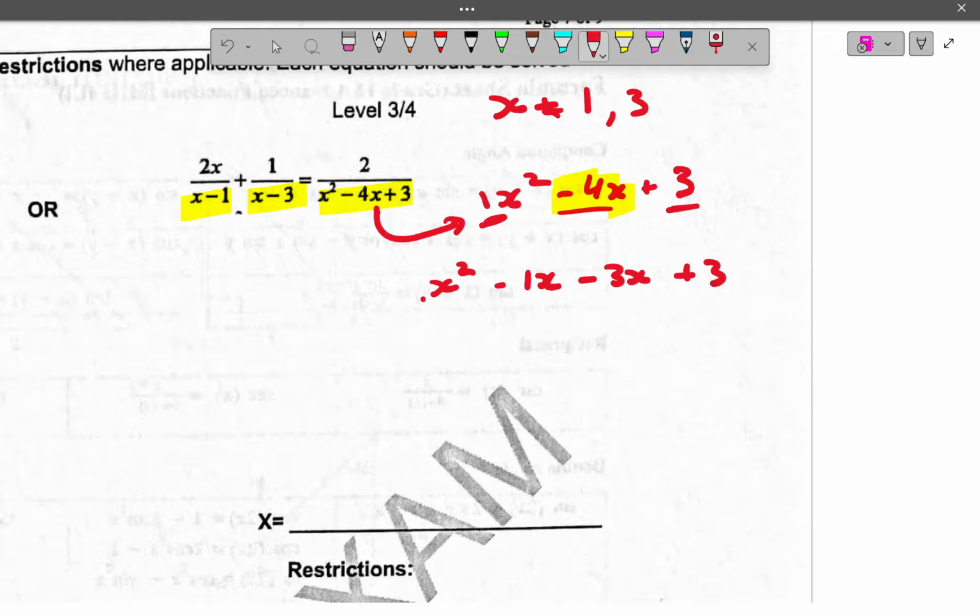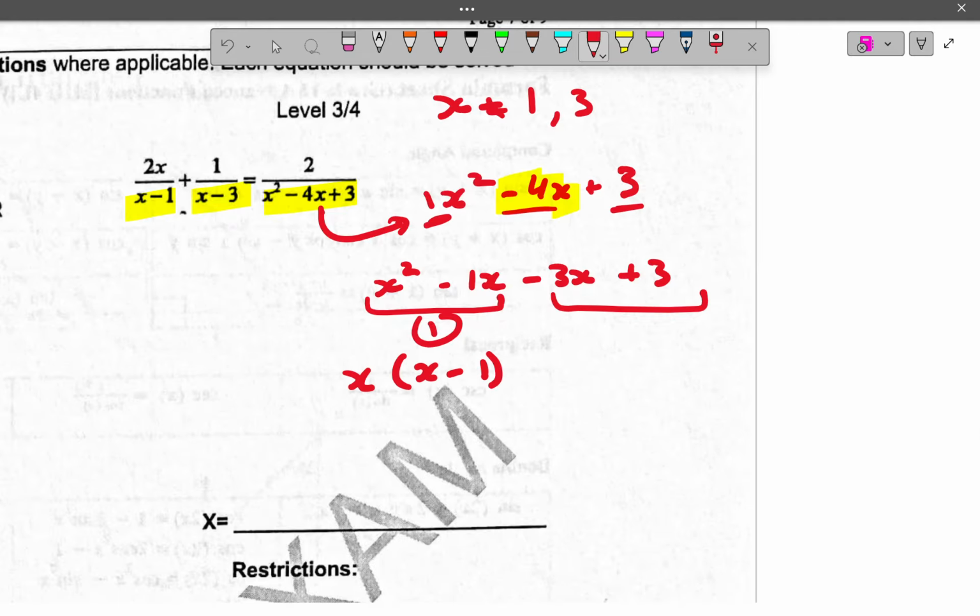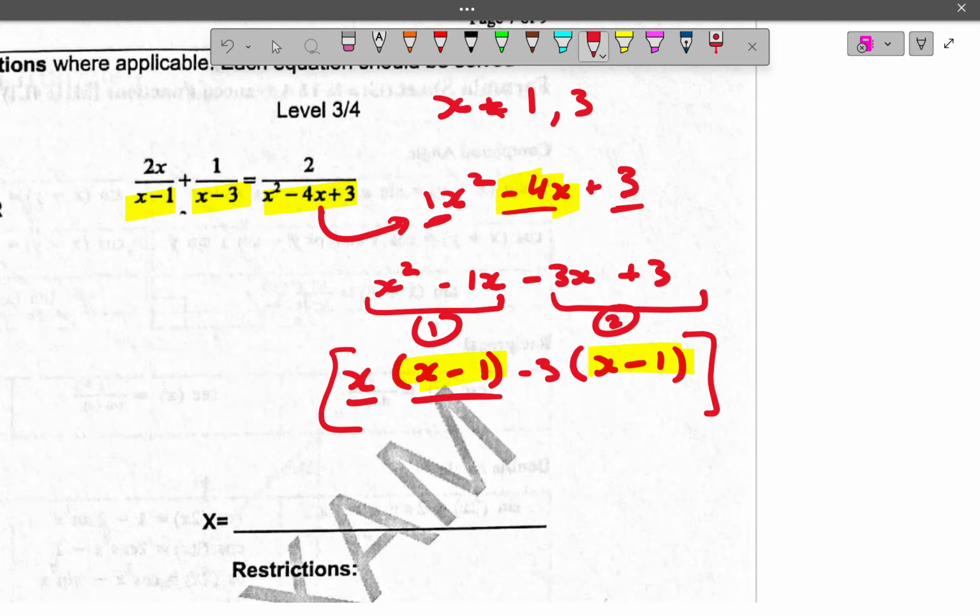And now I have two groups, and I'm going to do common factoring from each one. So from the first group that I have here, I could say that's x minus 1, and x is my first group. And then for my second group here, I have a common factor. I could take negative 3 out, and I'll be left with x minus 1. So now you see we have the same factor here. And so I'll make another little bracket.